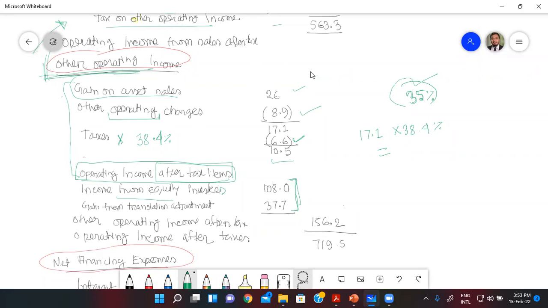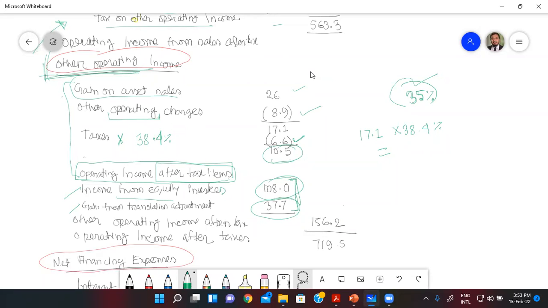So in our other operating income, we have this net amount, and this amount. Have we talked about income from equity investees and gain from translation adjustment in this part? No, we have not. We talked about these things when we were discussing the reformulation of the statement of shareholders' equity.